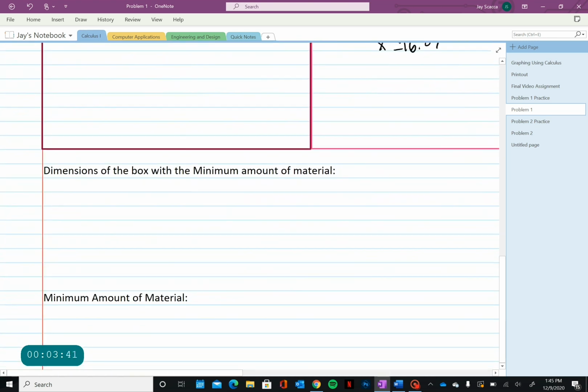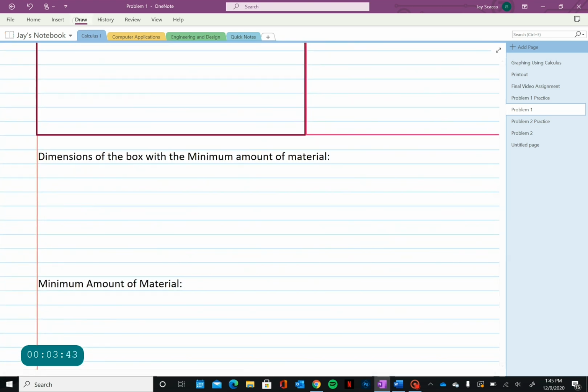So now we can find the dimensions of the box with the minimum amount of material, because since we have x already, we have x is equal to 16.87 centimeters.